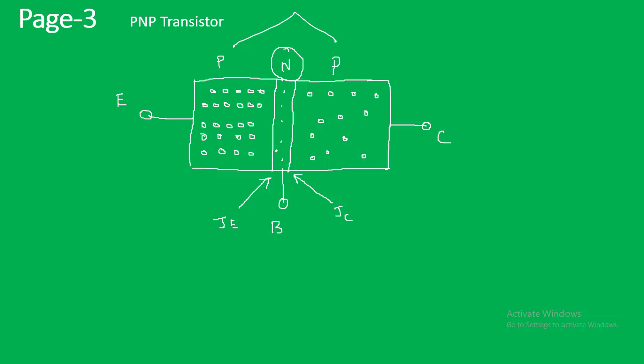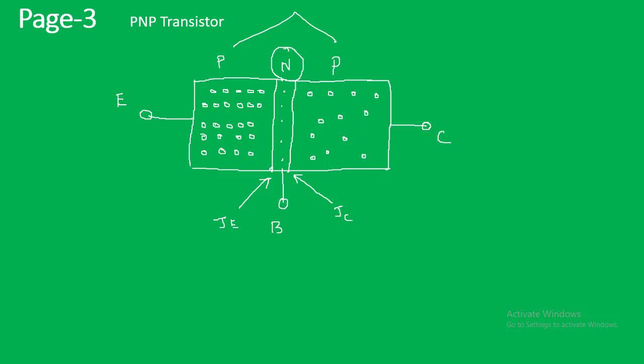The N-type semiconductor is lightly doped and thin, and the majority charge carrier here is the electron, so free electrons are less. The collector is moderately doped, so a moderate presence of holes is there.